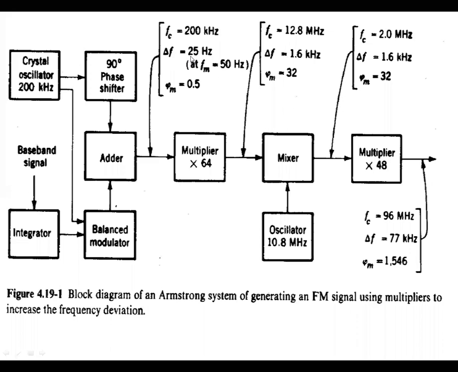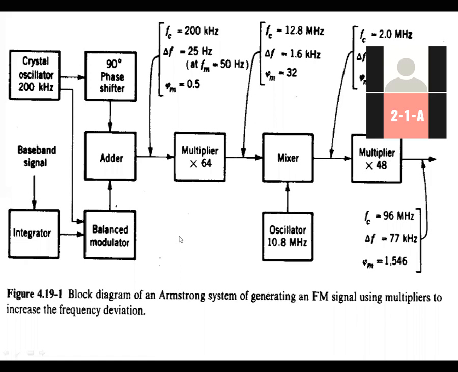What is the delta f here? 25 Hz. The FCC, the Federal Communications Commission, gives the statistical value of delta f as 75 kHz. The statistical value of the delta f is 75 kHz only.